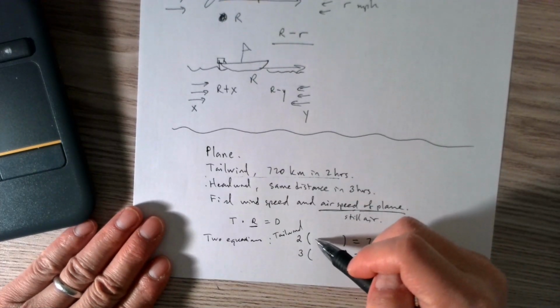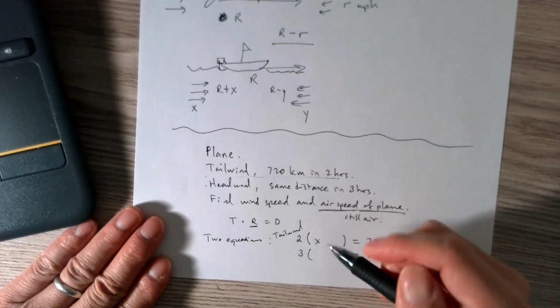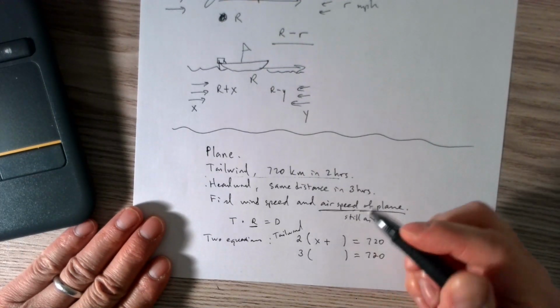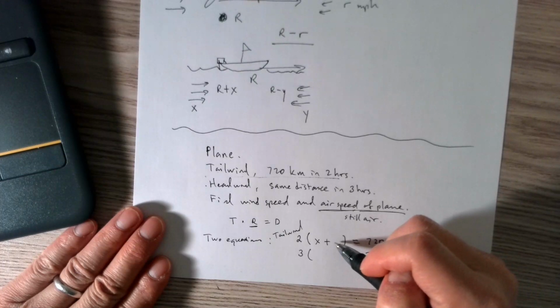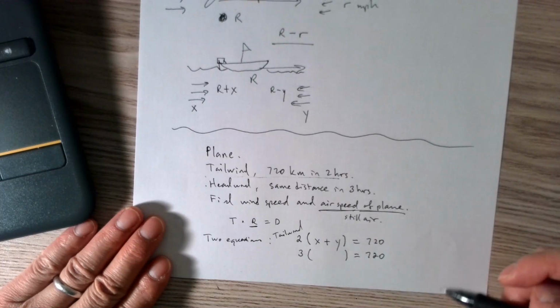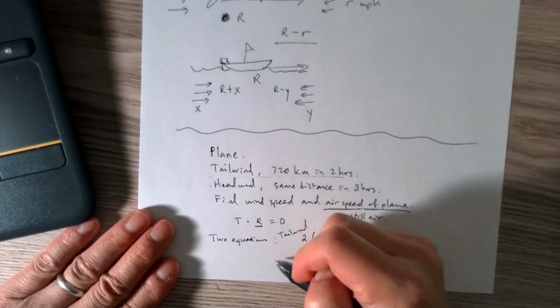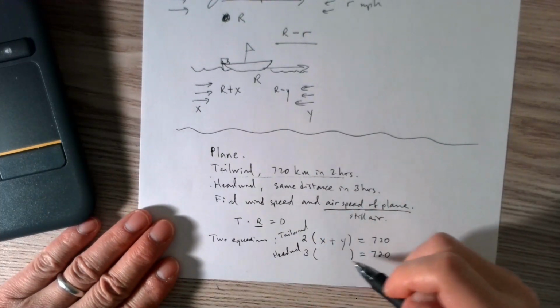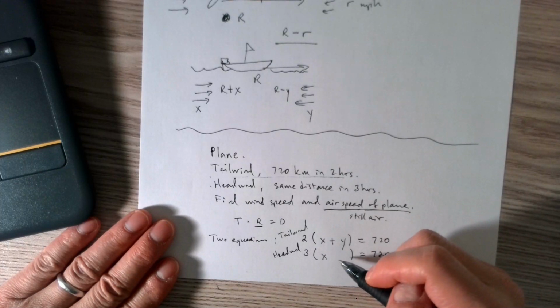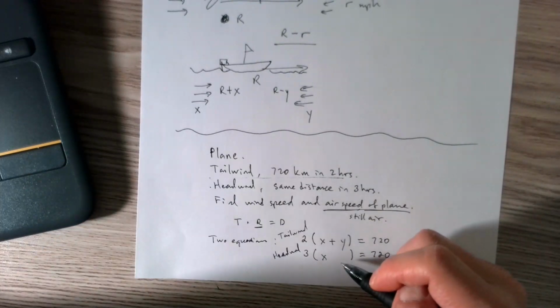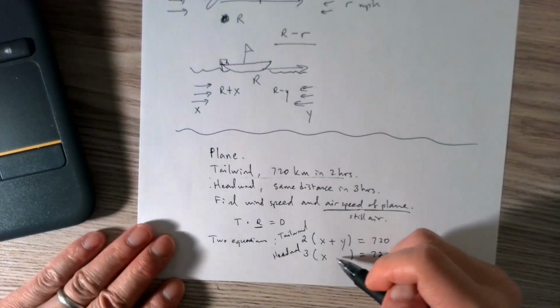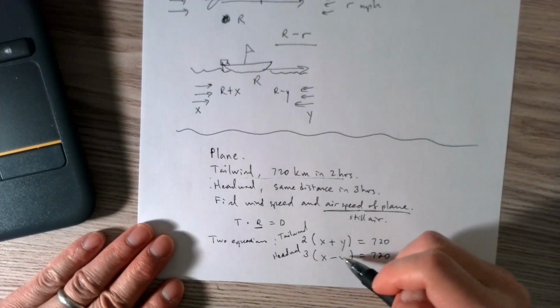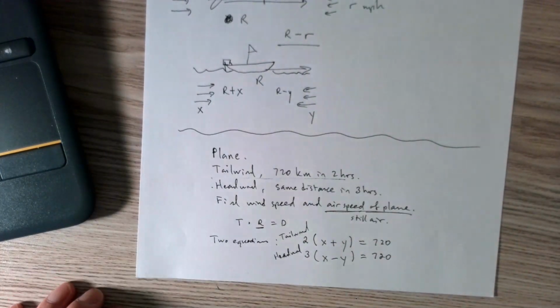So I'm going to call the airspeed of the plane x and the wind speed y. Now in the headwind equation, we have the airspeed of the plane again, but this time the plane is going against the wind, so the overall rate is x minus y.